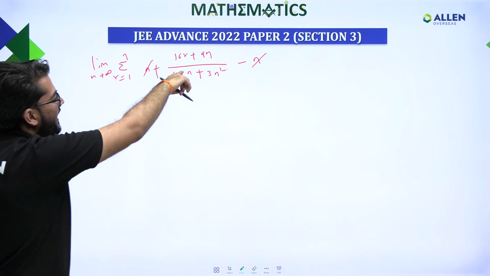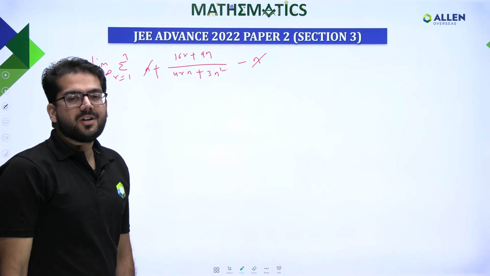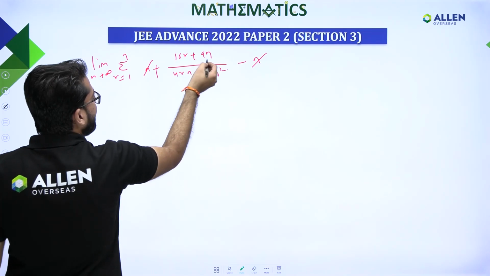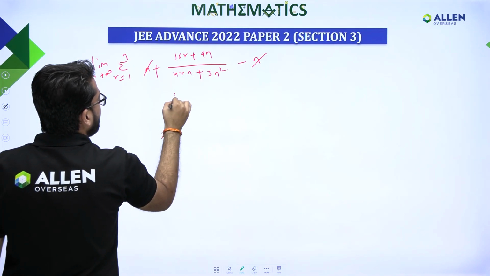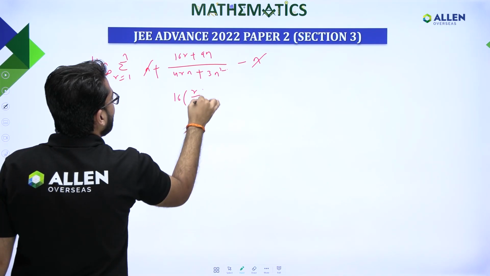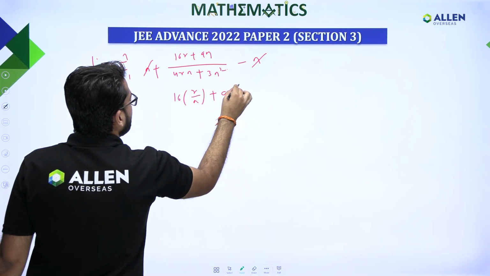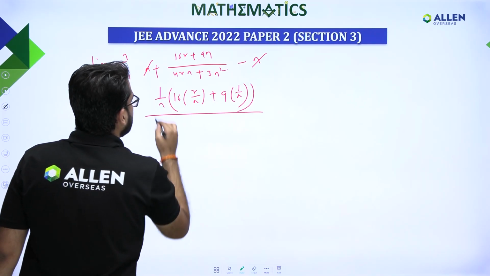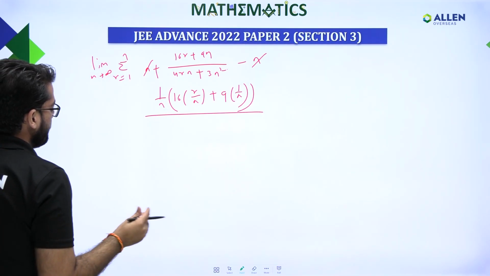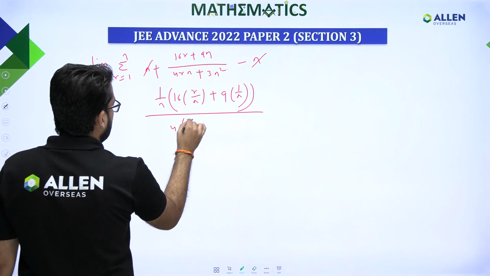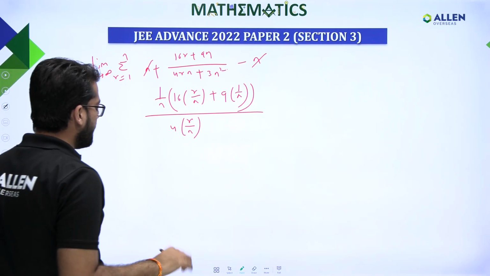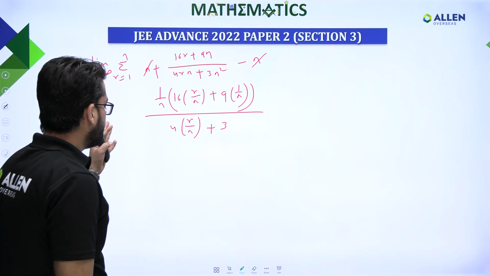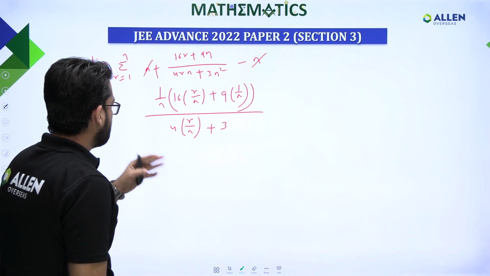Now here we can convert, because I just want to use the limit as a sum concept, so we can convert this thing. We can write while taking the common, and I want to design it as 16 r by n plus 9, 1 by n only, and here we have the 1 by n common, and in the denominator we have 4 again r by n, while taking the n square as a common, and here we have 3 only. 4 r by n plus 3, all the things are correct as this one.